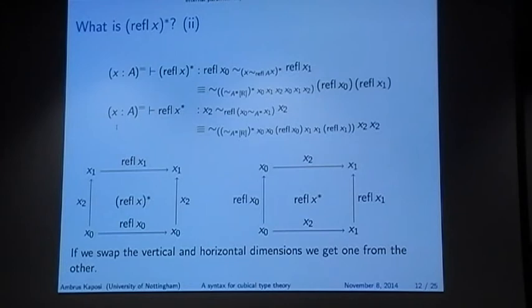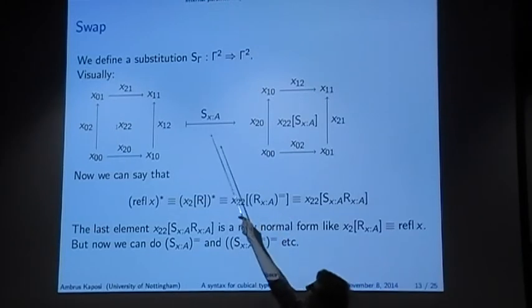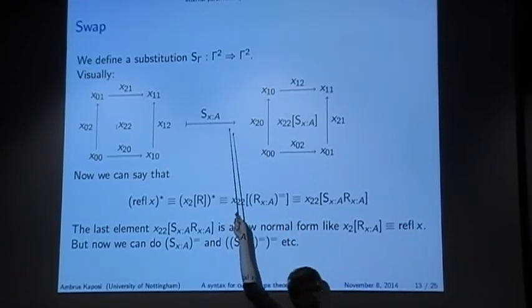This motivates us to define a new kind of substitution in addition to R, this S, which just permutes the dimensions of one square. So now S of X in A works in the 2 times equal context.